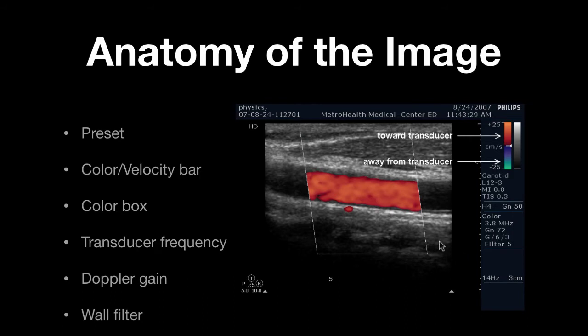You also have the ability to control the wall filter. Now, usually these are represented as low, medium, and high filters, but sometimes depending on the manufacturer, they may be assigned numbers.